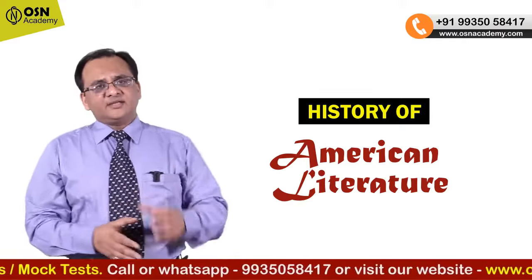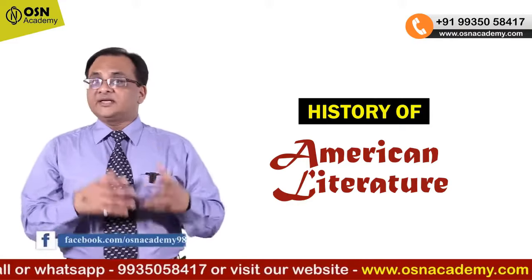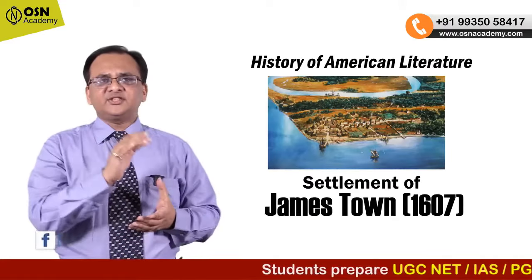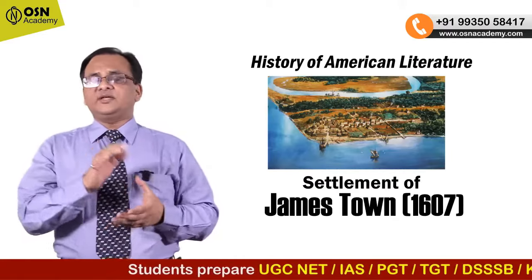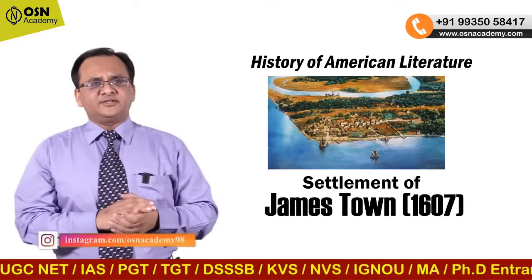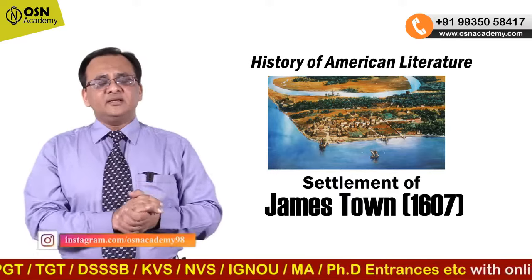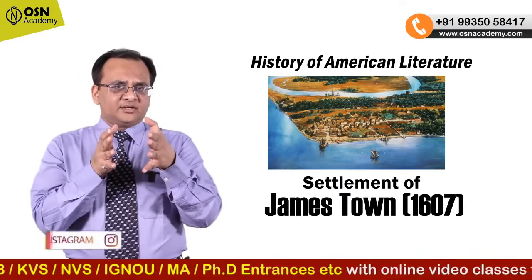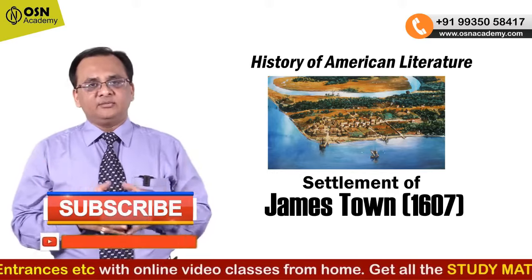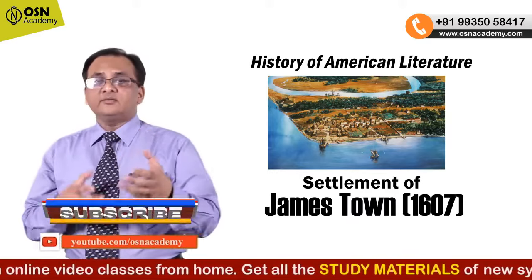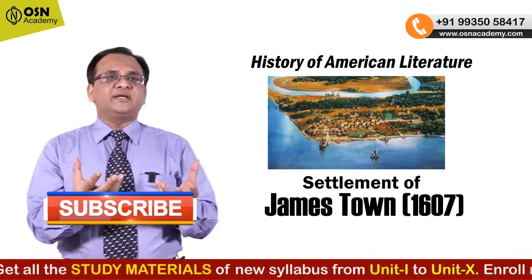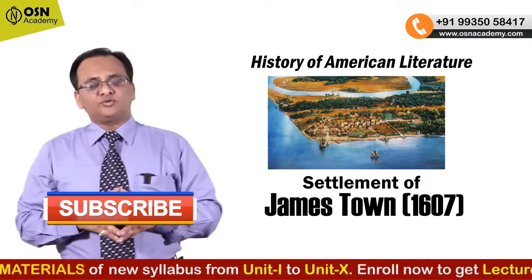See students, the history of American literature started with the settlement of Jamestown. And this Jamestown got settled somewhere in 1607. And true belles-lettres means the literature, the things which were written for reading and have some kind of value in them.